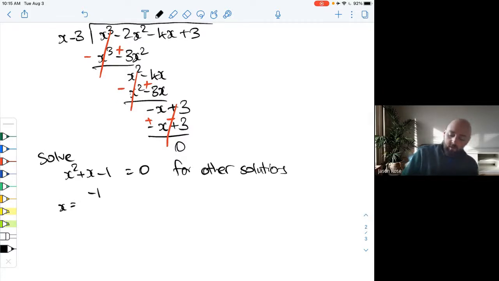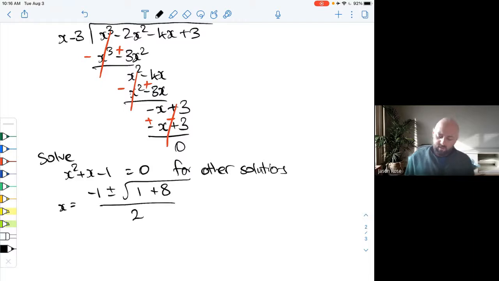So I'm looking at minus b plus or minus the square root of b squared minus 4ac all over 2a. Wait, can I factor this? Square root of 9 is 3. B squared. No, I am wrong. Sorry, I've made a mistake.